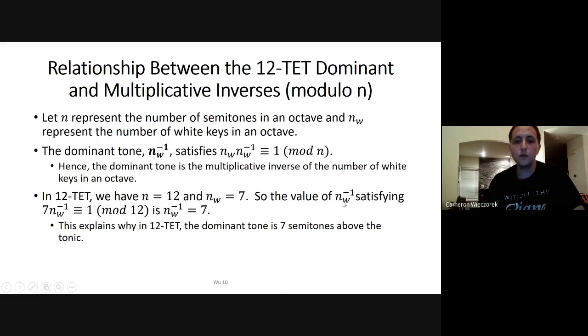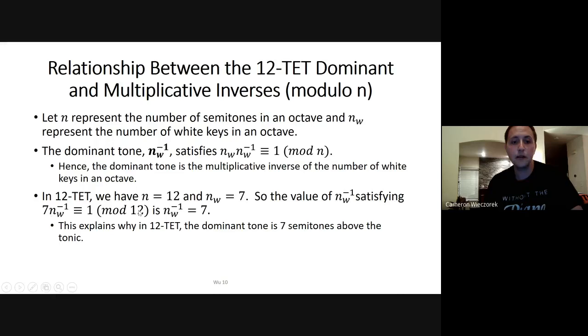So we're looking for a value, n sub w inverse. This is going to be my dominant tone. I want a value satisfying 7, the number of white keys, times this dominant tone, being congruent to 1 mod 12. Again, by inspection, it's easy to check that 7 is the magic number that works here. 7 times 7 is 49.